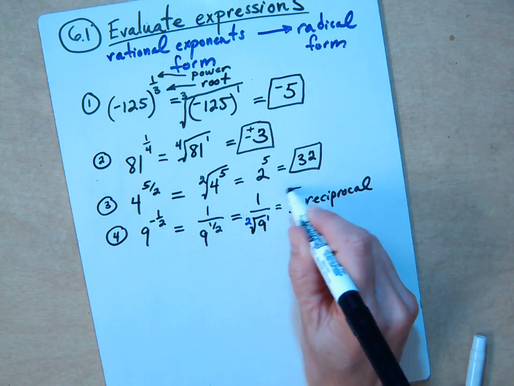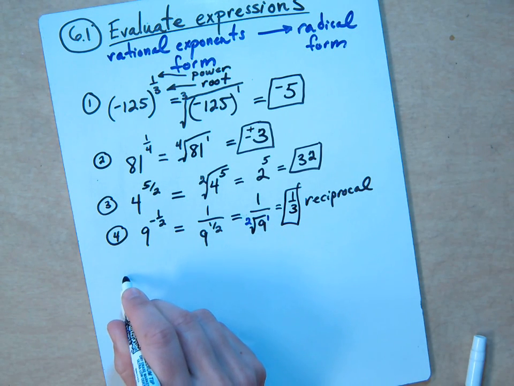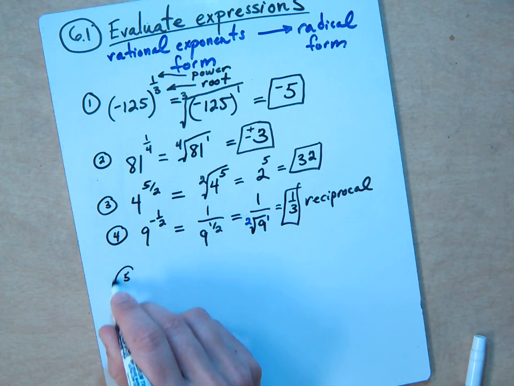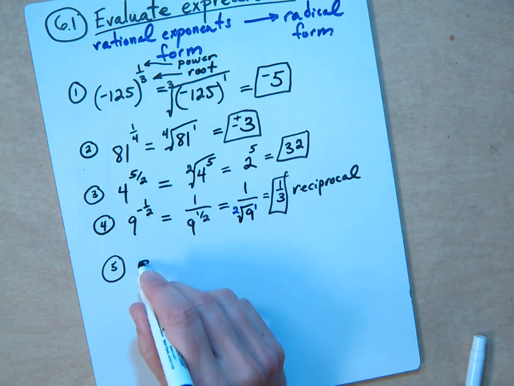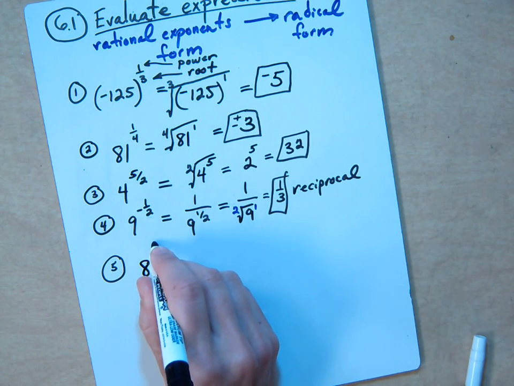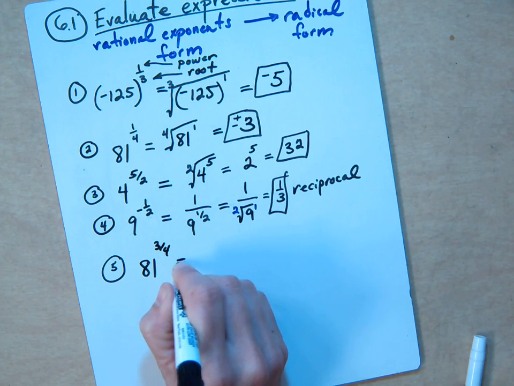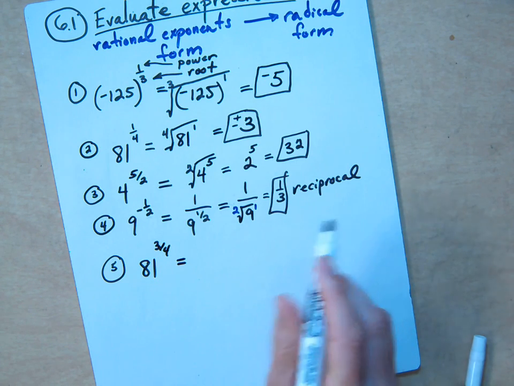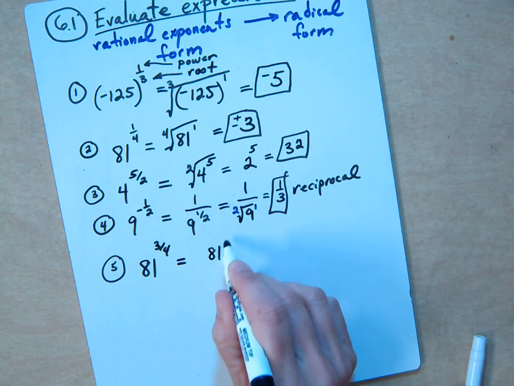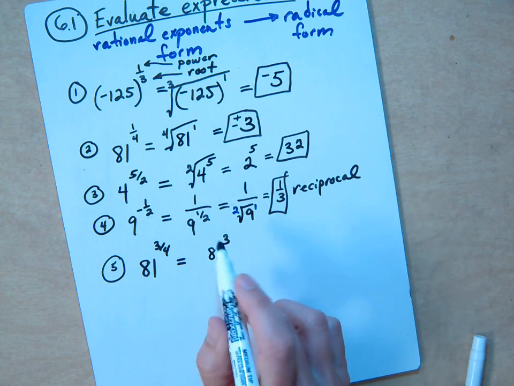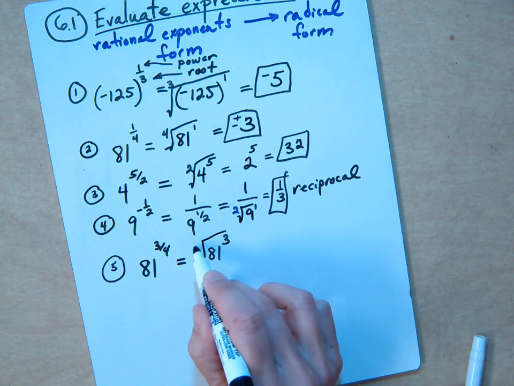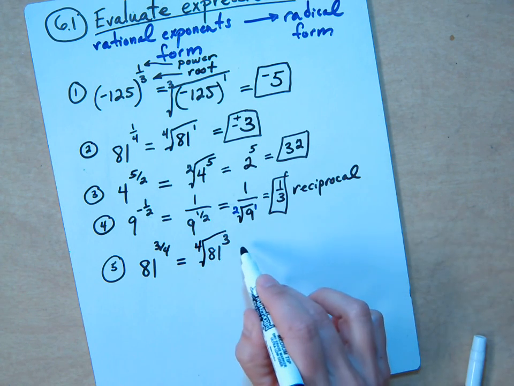Nice. And we just have 2 more examples because this is the easy section, and then we step it up after this. So 81 raised to the 3/4 power. The power is? That would be an obnoxious number, 81 times 81 times 81. So we would rather do the 4th root first.